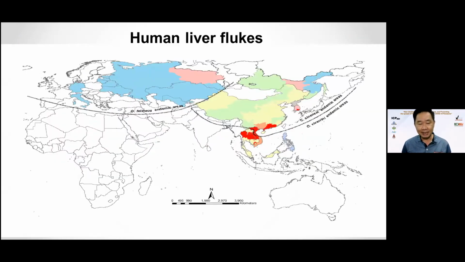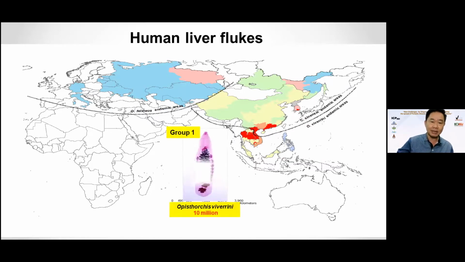I'm working in the northeastern part of Thailand, at Khon Kaen University, and the major parasitic disease that we are interested in is the liver fluke that causes cancer. I think most of you in this meeting know about the human liver fluke. There are three major species, all of which are now classified as carcinogens.